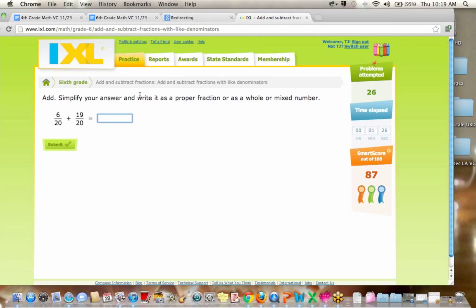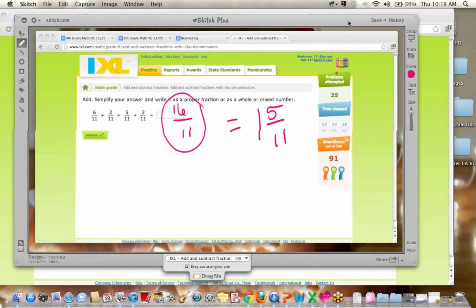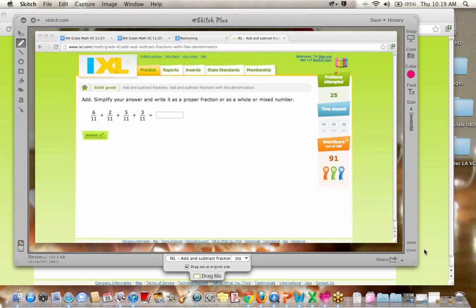Perfect. So yeah, we are going to have to simplify. 6 plus 19 twentieths. Go ahead and type it into the chat. Unfortunately, you're going to have to take it a step farther and simplify.